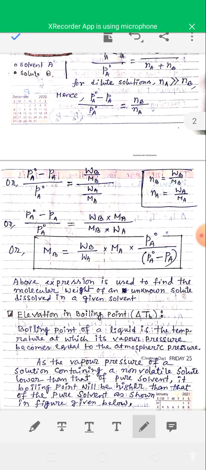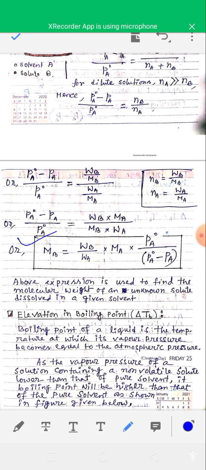you will get this relation, that is Mb is equal to Wb by Wa into Ma into Pa naught divided by Pa naught minus Pa. That is, using this equation you can calculate the molecular weight of the solute in the solution, that is Mb. I have told that Mb is the molecular weight of solute.